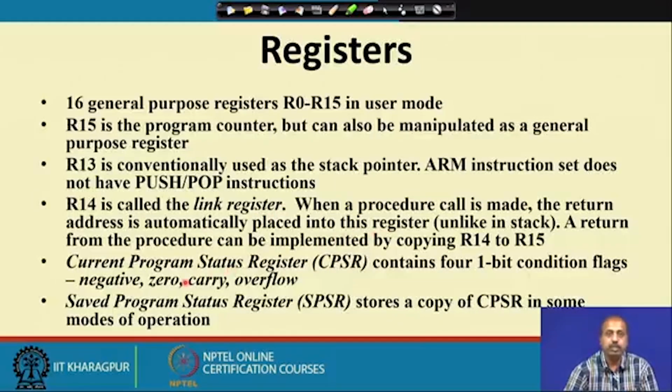Then there is a current program status register, and there are a number of saved program status registers, SPSRs. The current program status register has 4 condition flags: negative, zero, carry and overflow. There is nothing like auxiliary carry and things like that. So, it has only 4 bits, and the SPSR register can save the content of the CPSR register in some modes of operation.